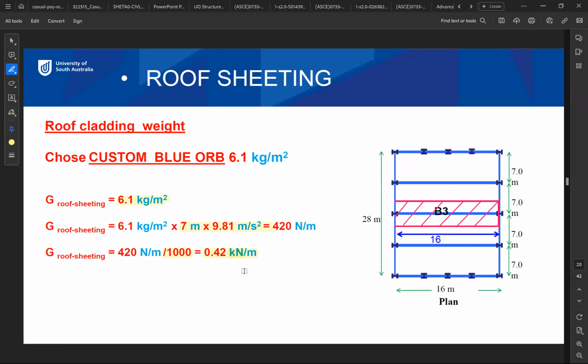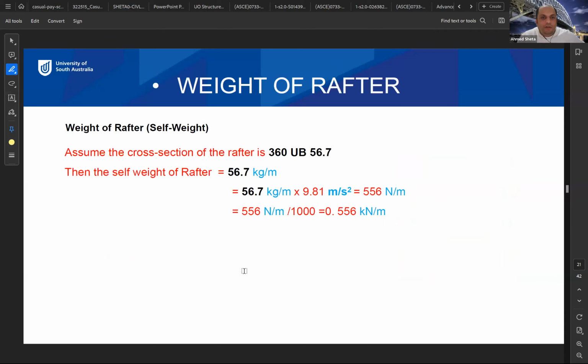No, that makes sense. Okay, so now the last step is the own weight of the rafter. So how can we get the own weight of the rafter? What do you think? Because we didn't design it, you need to assume the cross section of the rafter. So here, the example assumed using 360 UB 56.7.